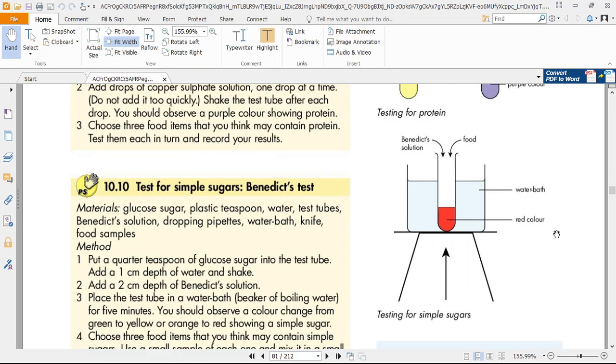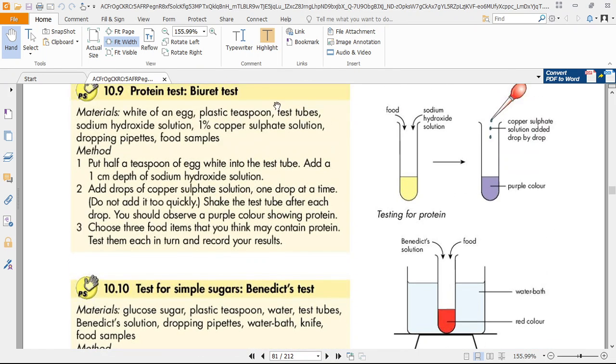As I said before, this combination is called the biuret test. The sodium hydroxide is first mixed up with the egg white or the egg or the milk, whatever you're testing for protein. If it turns purple, then protein is present. If the substance does not turn purple, then protein is not present.